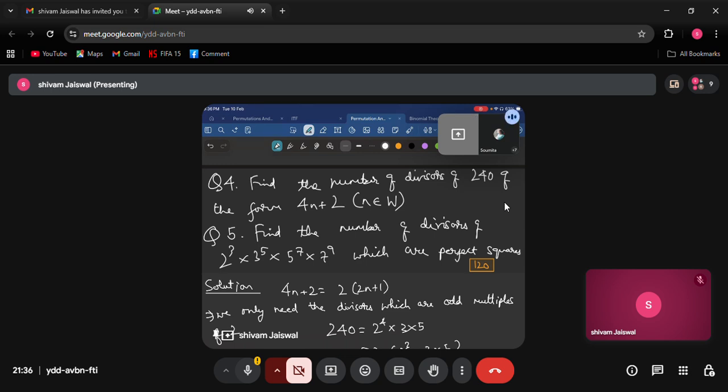From there only two of them are perfect squares. Which ones? Sir, the even powers, that is 2 to the power 0 and 2 square. Okay, I understood your method. No need to explain anymore.